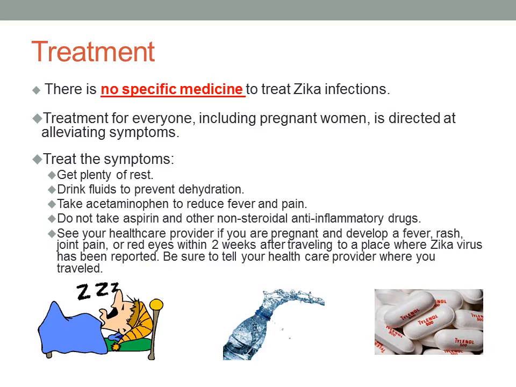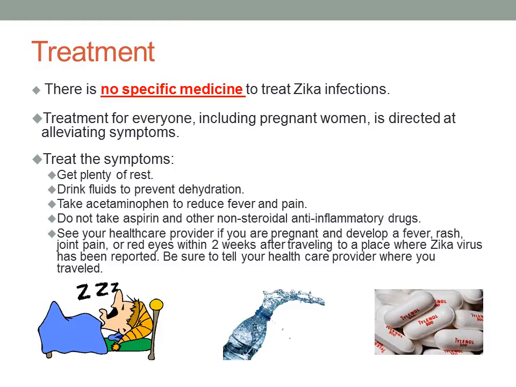Unfortunately, at present time there is no specific medicine to treat Zika infections. Treatment for everyone, including pregnant women, is directed at alleviating symptoms. Patients are advised to get plenty of rest and stay hydrated, and may take acetaminophen to reduce fever and pain.